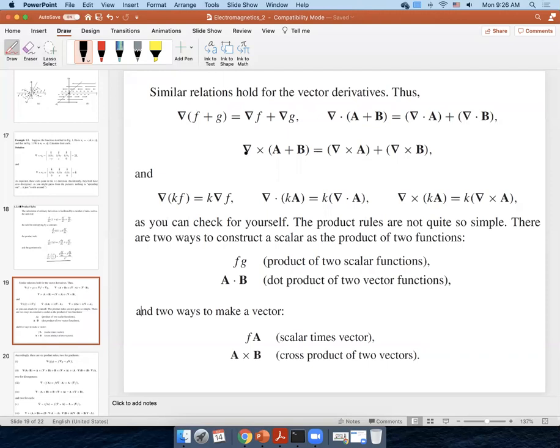If you have del cross (a plus b), then you get del cross a plus del cross b. That's the sum. Now let's see scalar multiplication. If you have a function f multiplied by k, then del (kf) equals k del f. Similarly, del dot (ka) equals k del dot a, and similarly for the cross, or the curl, of the del operator.